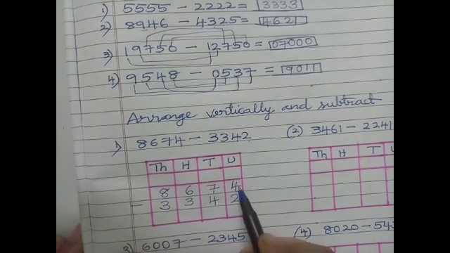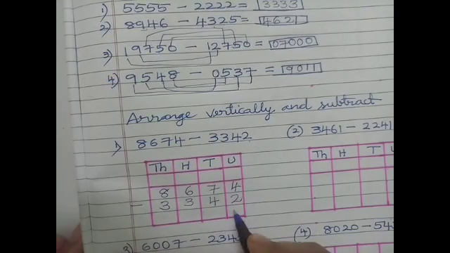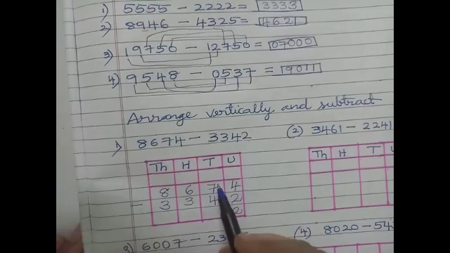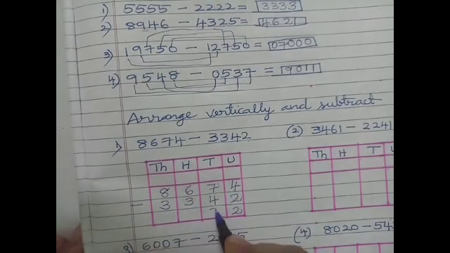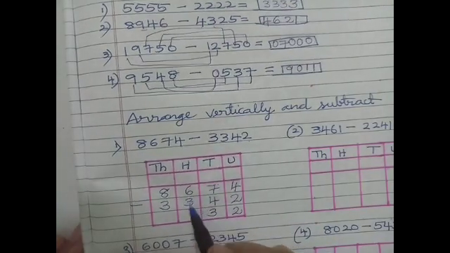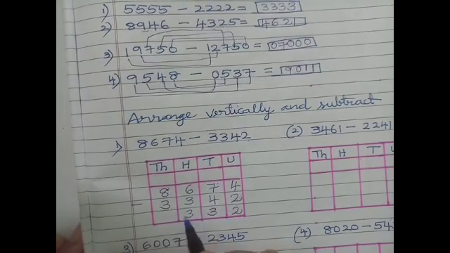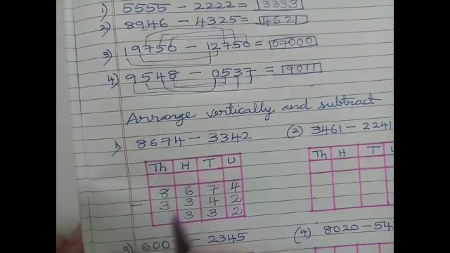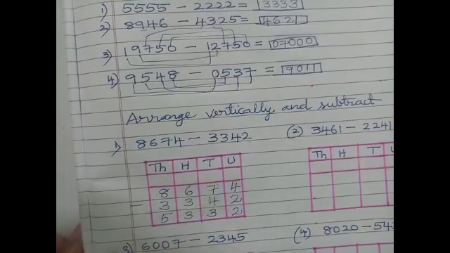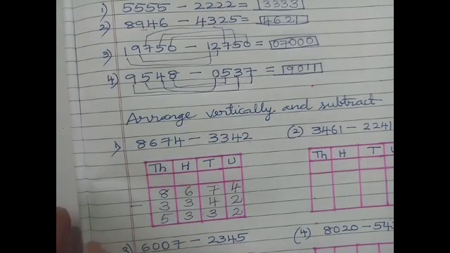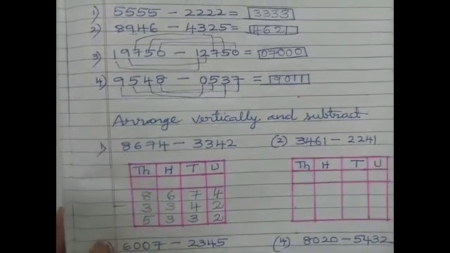4 minus 2 is 2. 7 minus 4 is 3. 6 minus 3 is 3. 8 minus 3 is 5. So here there is no borrowing, direct method.